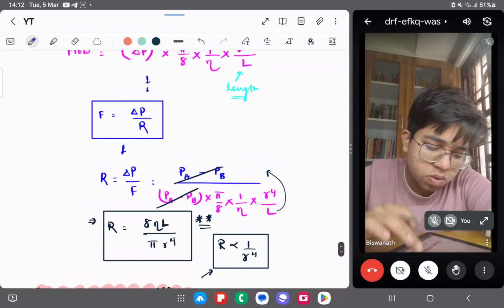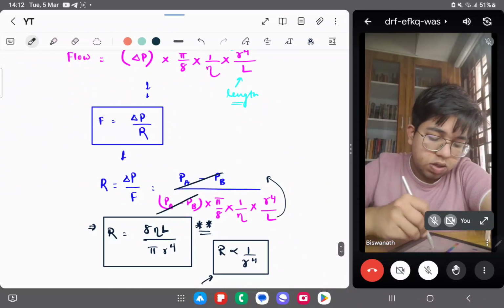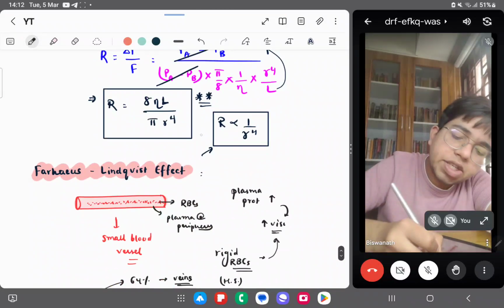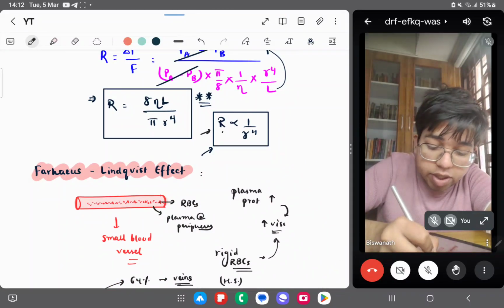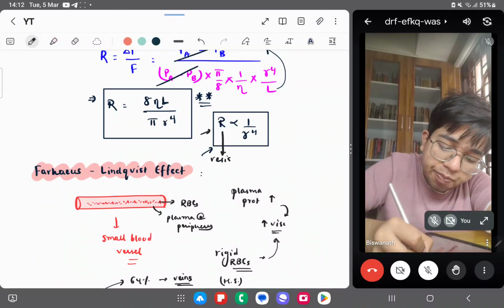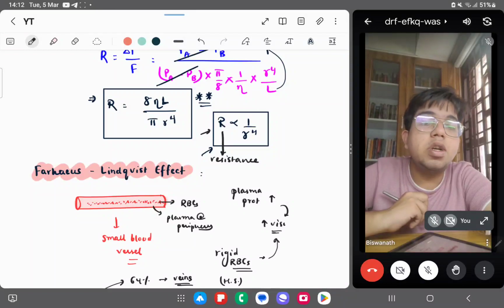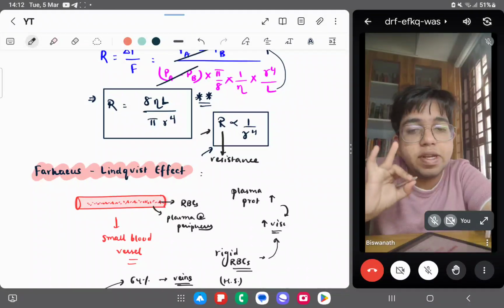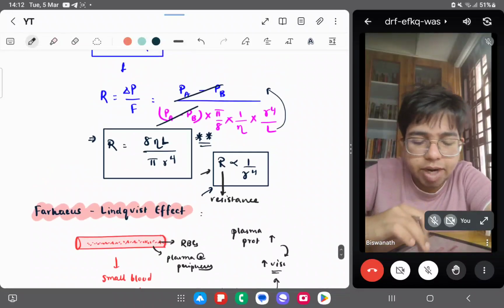Look at this. We know this relation. The resistance, this is the R, not the rate, just remember this is resistance. This resistance is inversely proportional to r to the power 4, where r is the radius, or you can write diameter to the power 4. Radius or diameter doesn't matter.